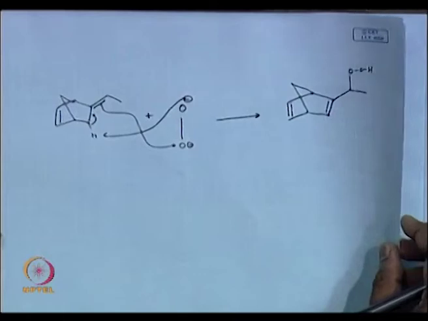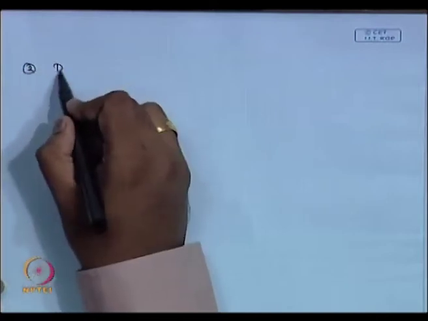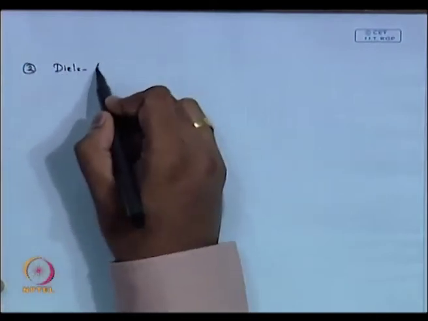Okay. So, we will see the next type of reaction, which singlet oxygen does, that you call as Diels-Alder reaction, or you can call as 4+2 cycloaddition.